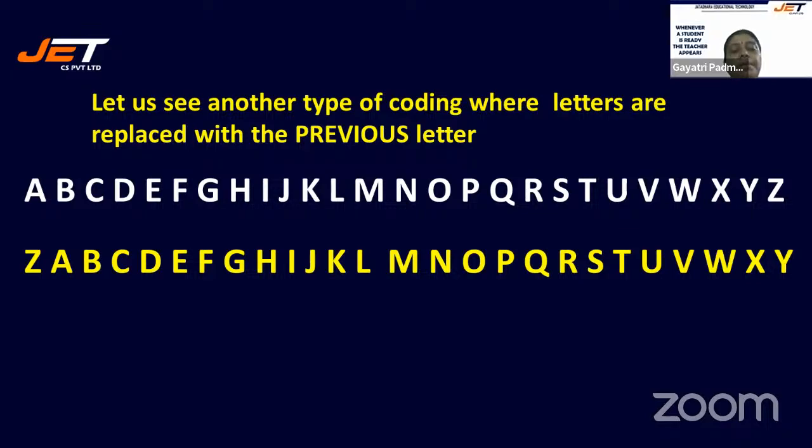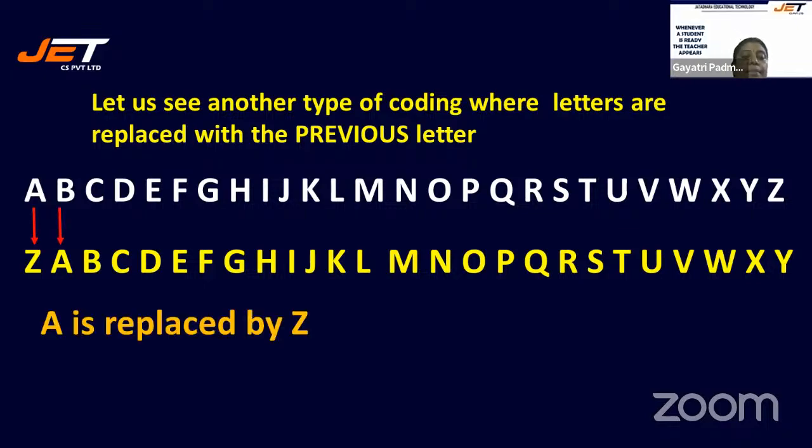And it goes A, B, C, D, E, F. So now when I'm trying to code for B, I will have to write A. When I'm trying to code for C, the coding will be B, right? And when I'm trying to do the coding for A, A is the first letter. And what is the last one? That is Z. So for A, it will be Z. So we are trying to code it where the letters are replaced with the previous letter. All right. So in fact, this is very interesting.